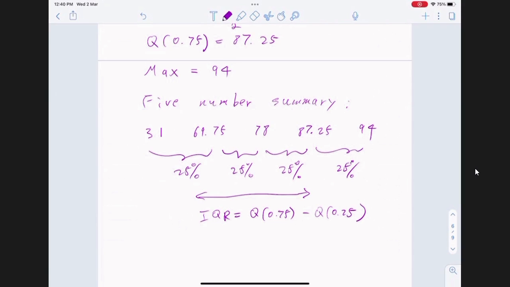We have 25% here, 25% here, so the middle 50% is within this range. In this data set, it is equal to 87.25 minus 69.75, equal to 17.5. This is the interquartile range. Then based on the interquartile range, we extend 1.5 interquartile ranges from the lower quartile. And we also extend 1.5 interquartile ranges above the upper quartile to compute these thresholds.